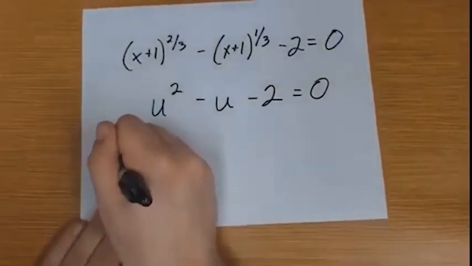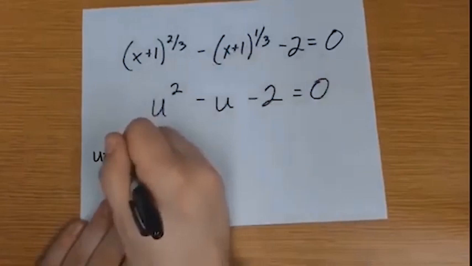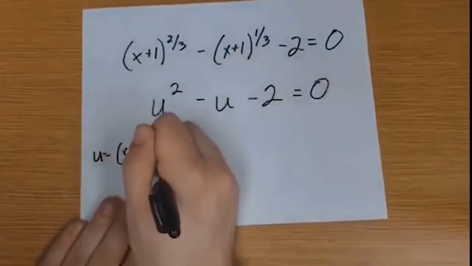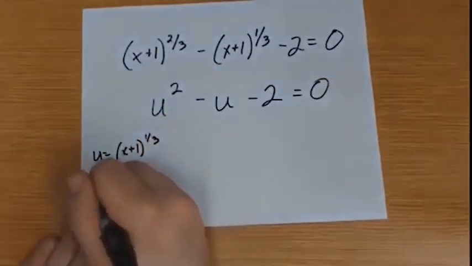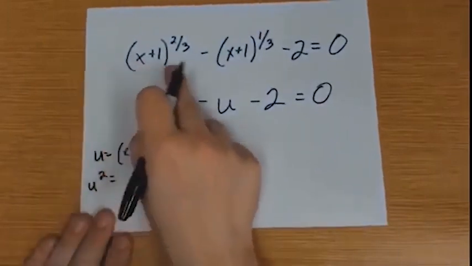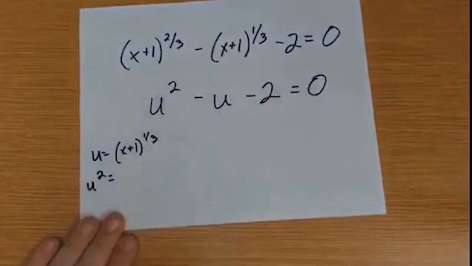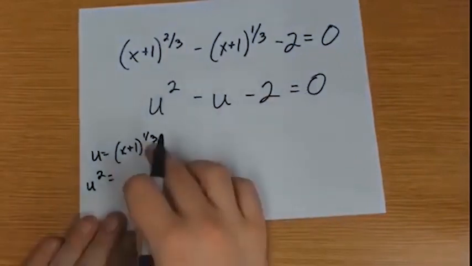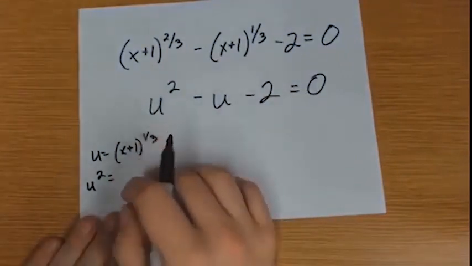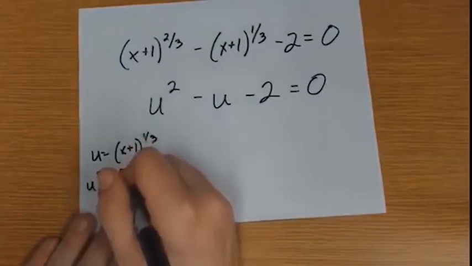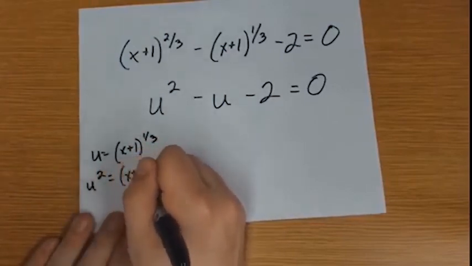U, if this is true, is x plus 1 to the 1/3. As long as u squared works out to this, when we square this, then it is a valid substitution. And if we were to square something to the 1/3 power, it would be to the 2/3 power.